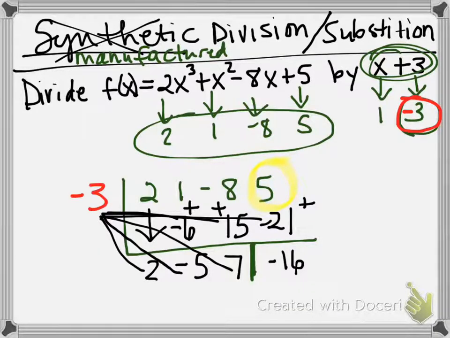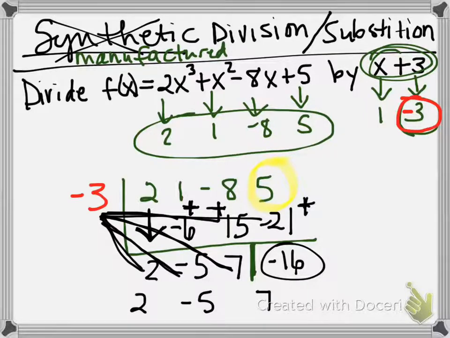So, with synthetic division, you bring the first number down, and then from there you multiply, add, multiply, add, multiply, add, get your remainder, and then now we write the answer. So what's the answer going to be? Well, my coefficients are 2, negative 5, and 7, and my remainder is negative 16. Okay? So this was 2x to the third.